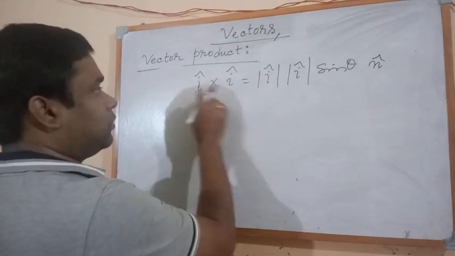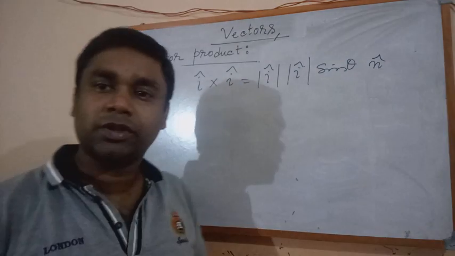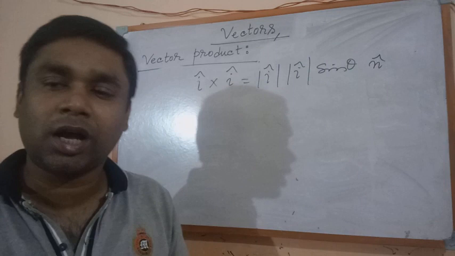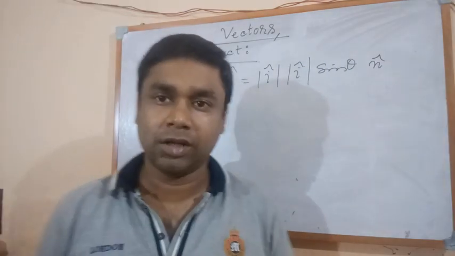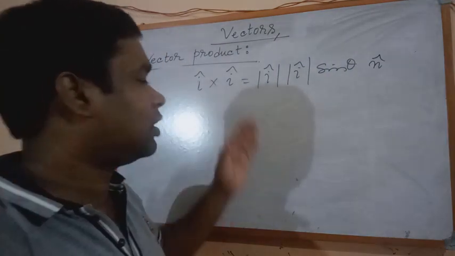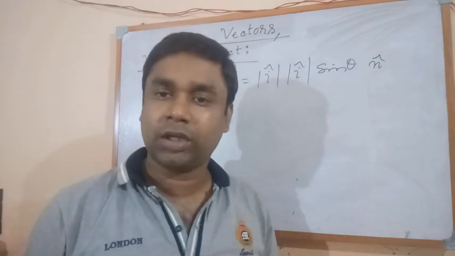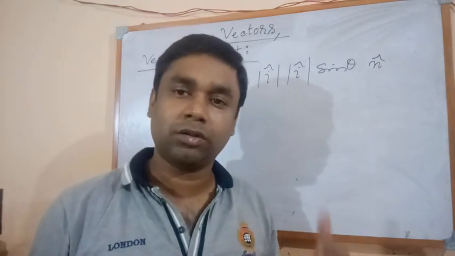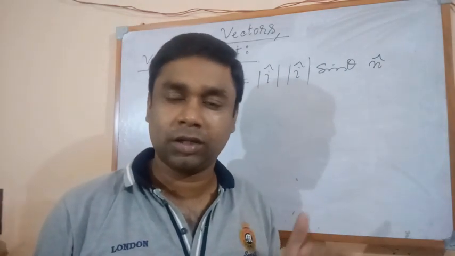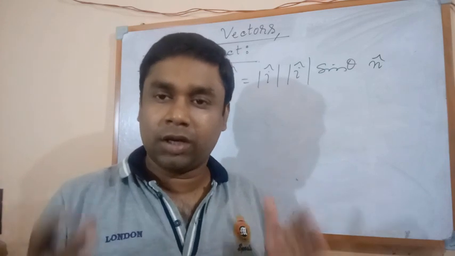Here, we know that I cap is the unit vector directed along the x axis. So two I caps are taken, and they are directed along the same x axis, that is, they have the same direction.